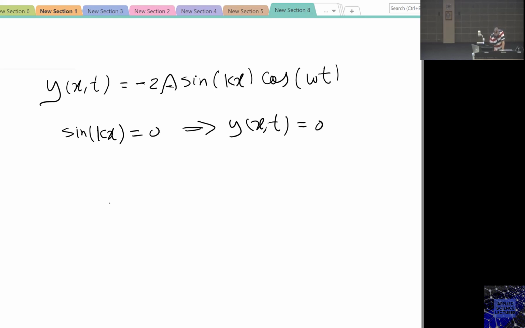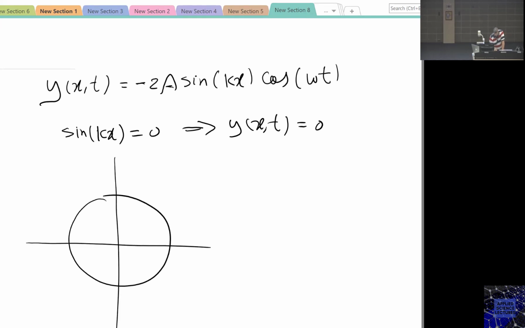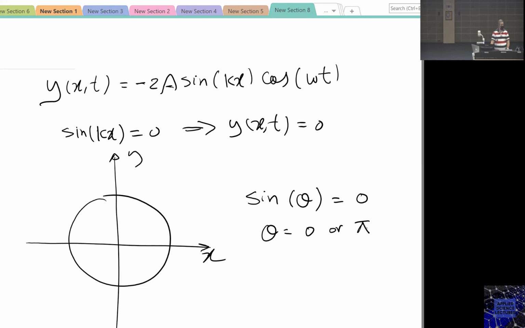If I draw the unit circle here, then I know sine theta in general is 0 when theta is 0 or pi. Is that right?